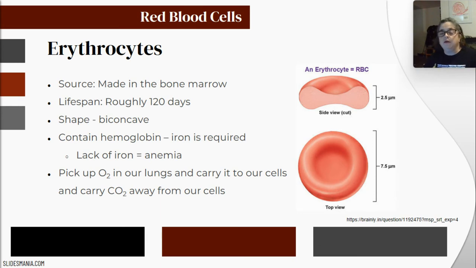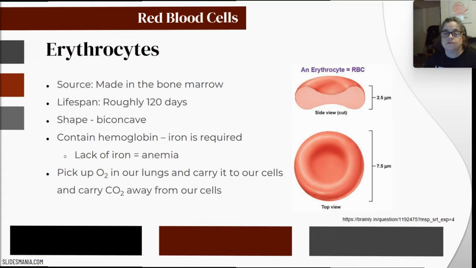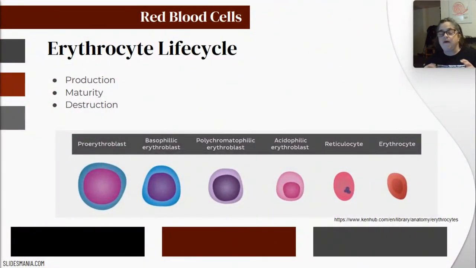Now, the life cycle of erythrocytes, as I mentioned, they last roughly about 120 days. And so they have a three-part life cycle: a production, maturity, and destruction phase. You can see in this diagram that they go through some different levels of erythroblast where they are developing and maturing.